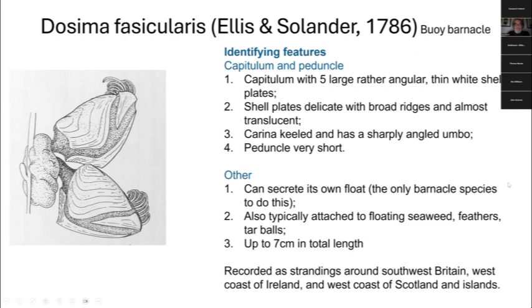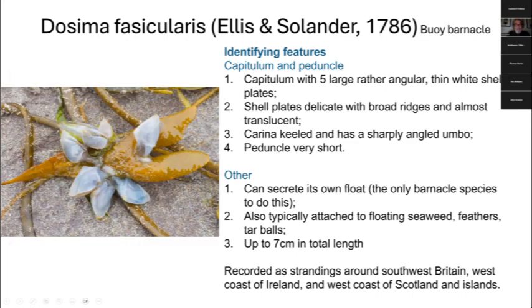The characteristic thing about them is that the carina, this here, is keeled. So there's a sharp ridge running down that side of it. And it also has a very sharp umbo, which is this thing here. And that shows up rather well in some of these photos.